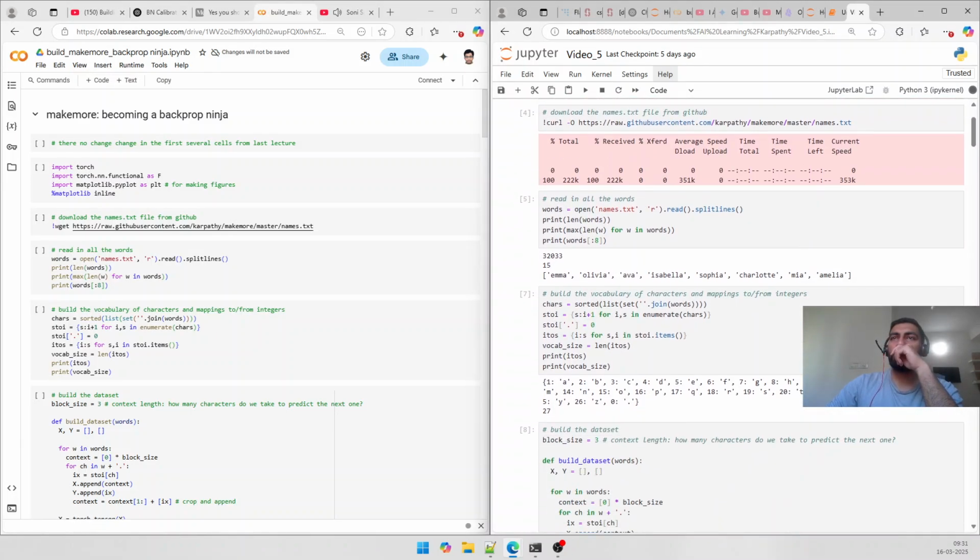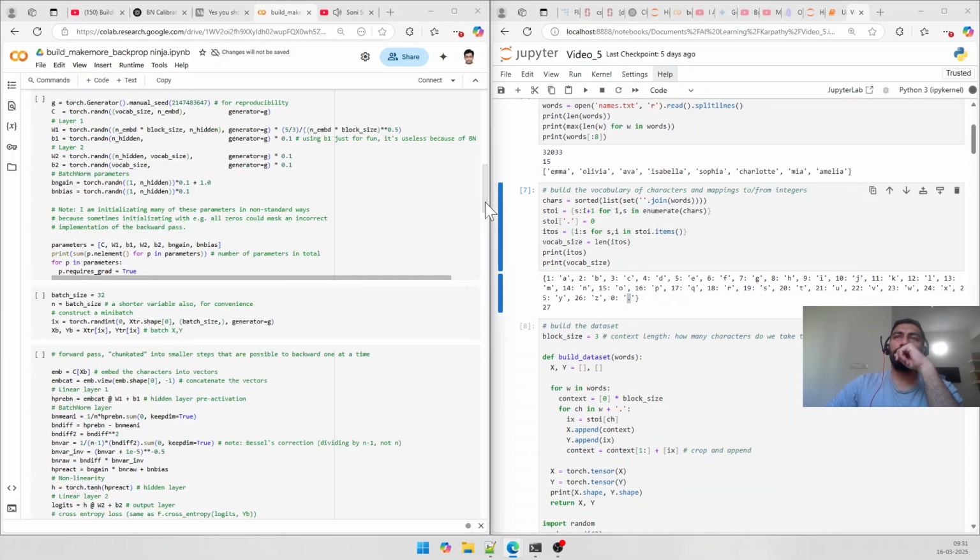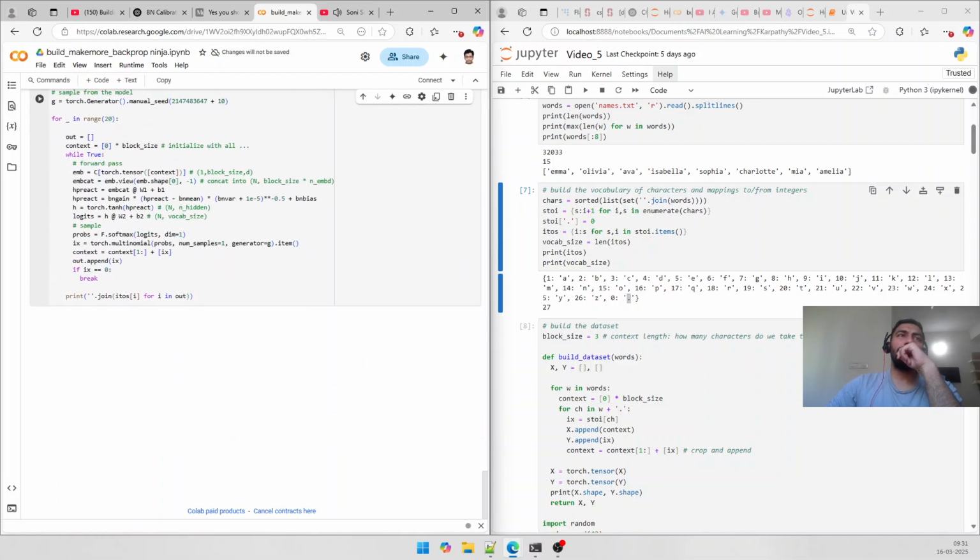Yeah, the 0 is dot, so that's what we are starting with. Initially all of them are dots. We feed that into the neural network, and it makes a prediction for one of the words.